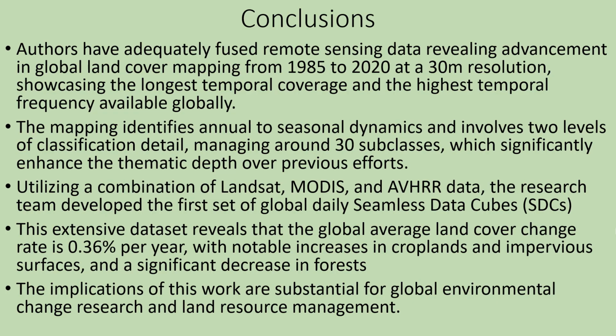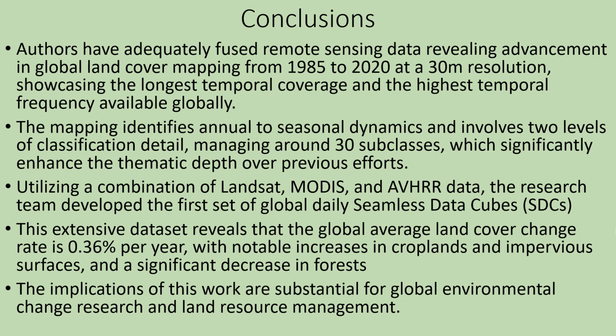All right, we're finally getting done. The conclusions. Authors have adequately fused remote sensing data, revealing advancements in global land cover mapping from 1985 to 2020. The mapping identified seasonal and annual dynamics involving 2 classifications and 30 subclasses, which significantly enhances the efforts here. They utilize Landsat, MODIS, and other data.